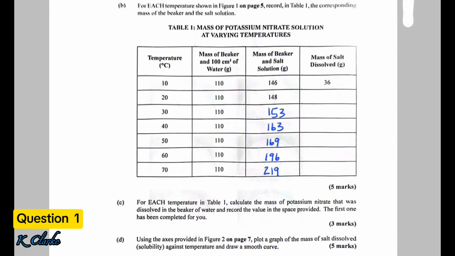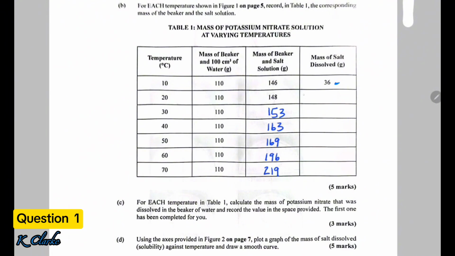For each temperature in table 1, calculate the mass of potassium nitrate that was dissolved in the beaker of water and record the value in the space provided. The first one, which is this one here, has been completed for you. So if you notice what is happening, we're doing a subtraction. So we're going to subtract the mass of the beaker and 100 cm³ of water from the mass of the beaker and the salt solution.